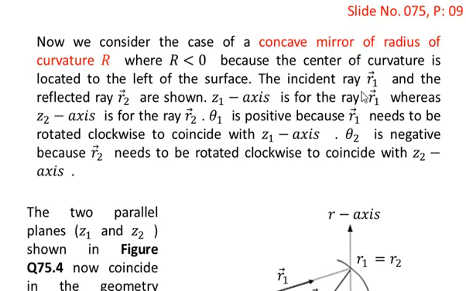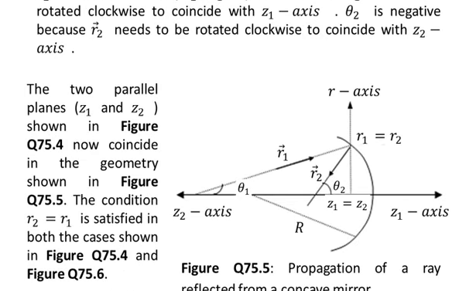The incident ray R1 and the reflected ray R2 are shown. Z1 is the axis for the ray R1, whereas Z2 is the axis for the ray R2. You see that we have the Z1 axis. This Z1 axis will be the axis for the ray R1, and since the R2 ray is going backward, it has a Z axis which is represented by the Z2 axis, and in principle the Z2 axis is negative times the Z1 axis.